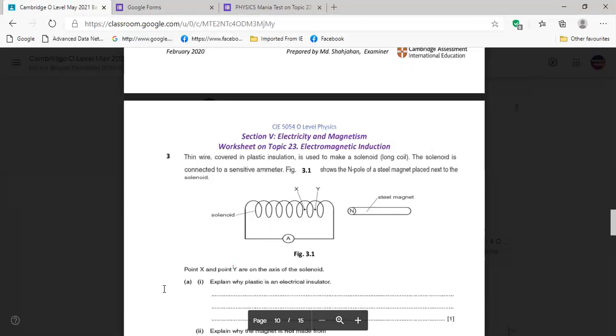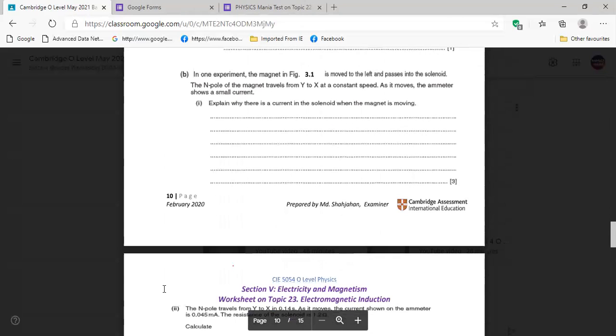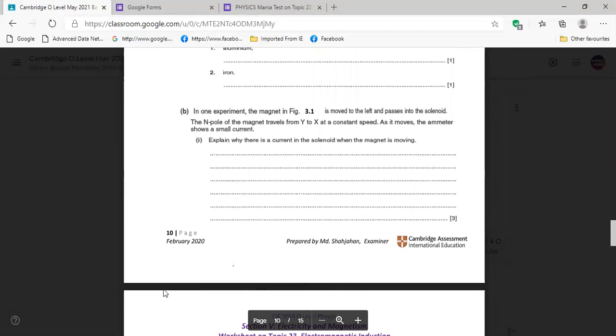Okay, are you done with writing? Okay, so magnetic flux has been cut. A small amount of induced EMF is produced.